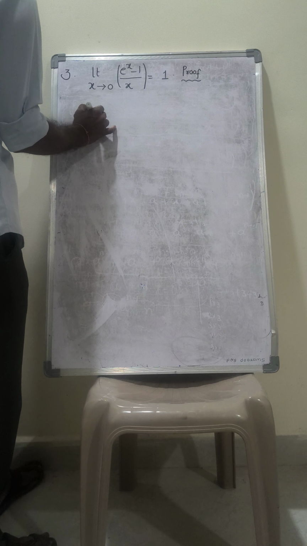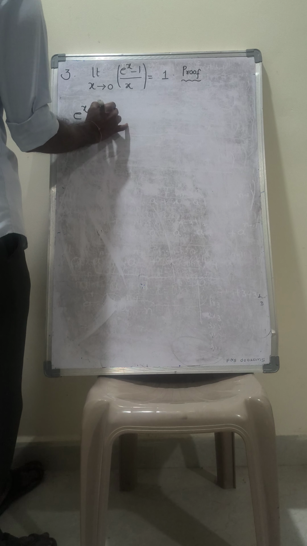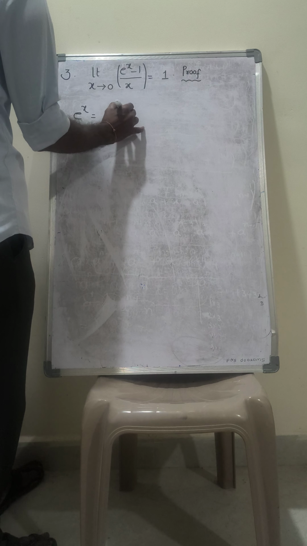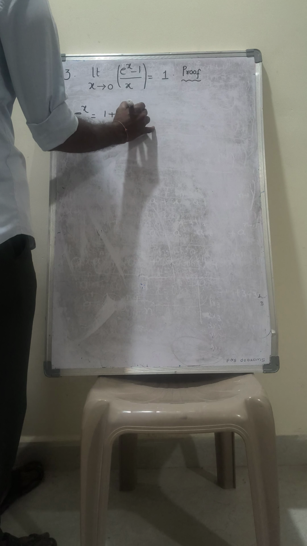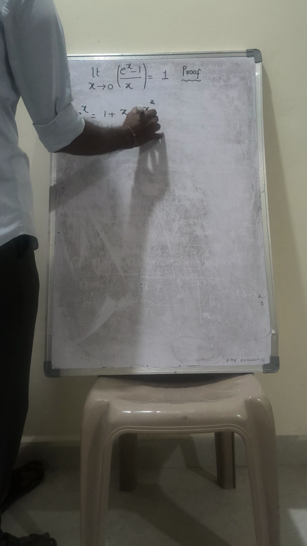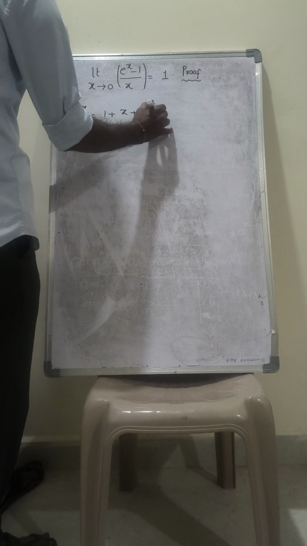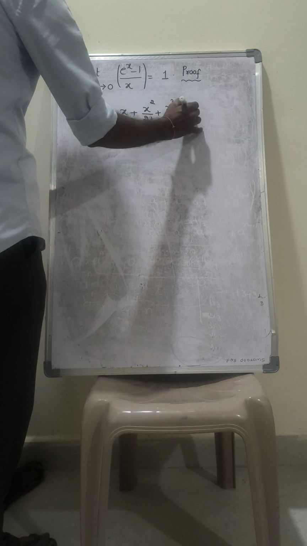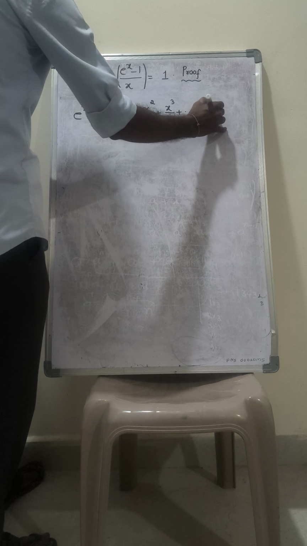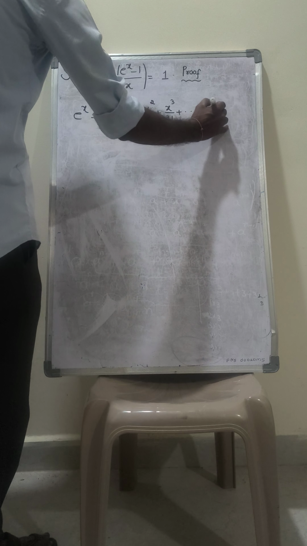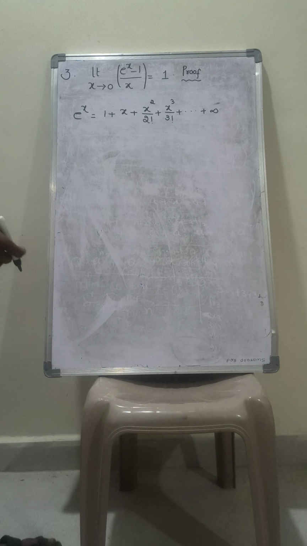The e power x value is 1 plus x plus x power 2 by 2 factorial plus x power 3 by 3 factorial, and so on up to infinite.